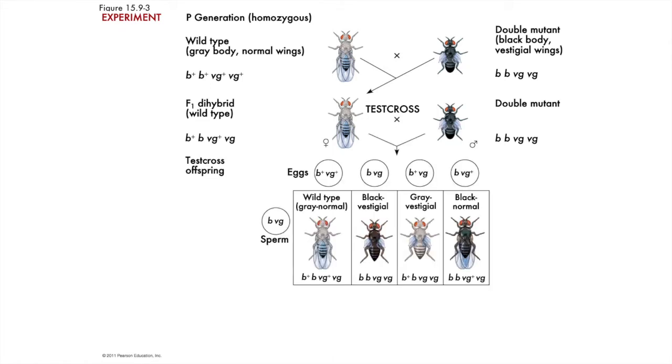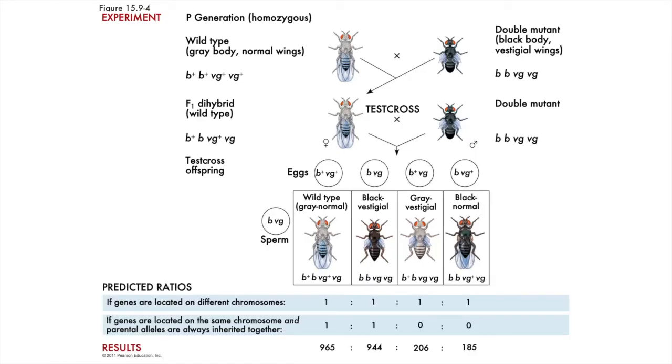The predicted results of the test cross are all four possible combinations of the two traits for the two characters. If the two genes for body color and wing shape were on different chromosomes, we would expect to see phenotypic ratios of 1 to 1 to 1 to 1, or 25% of each combination of body color and wing shape.